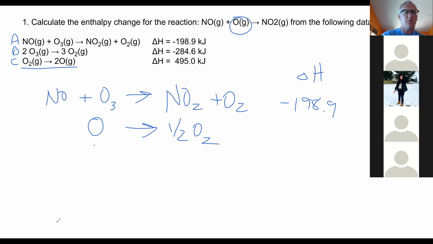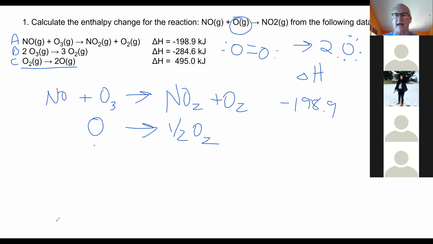Because what we're doing is we're taking O2 and breaking both bonds, so it's actually going to take a lot of energy to do that. And what we're coming up with is 2 moles of this.